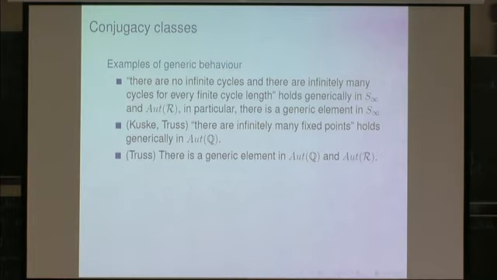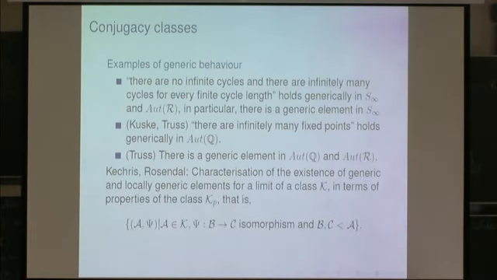Okay, so it is an interesting question whether there exists a generic element. And this question was solved by Kekris and Rosendahl; they gave model theoretic conditions on the existence of a generic element, and I think it is a quite nice idea.